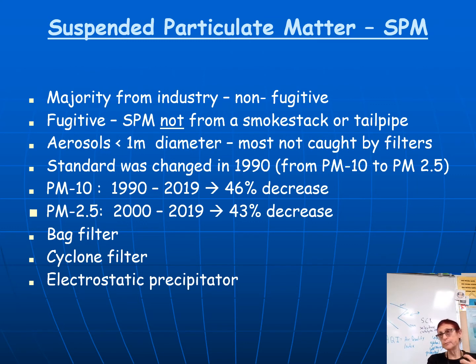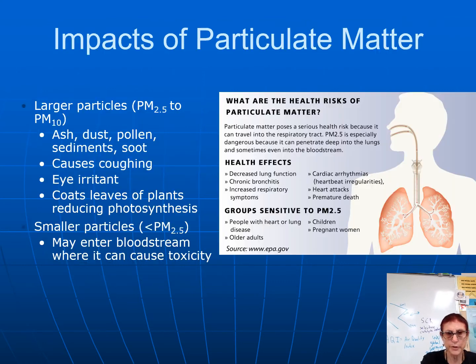Remember, a gas can move through your lungs fairly efficiently, but if you get particulates in your lung, those tend to stick in the lung tissue, and they can also act as a surface for other things to stick in your lungs. I'm going to look at some of the issues with those, but when you look at your particles that are maybe between 2.5 and 10 microns, so you're looking at things like ash, dust, pollen, soot.